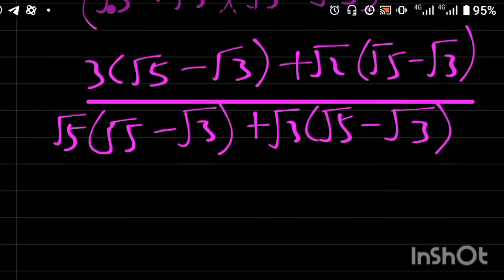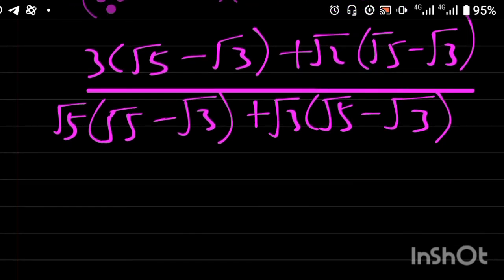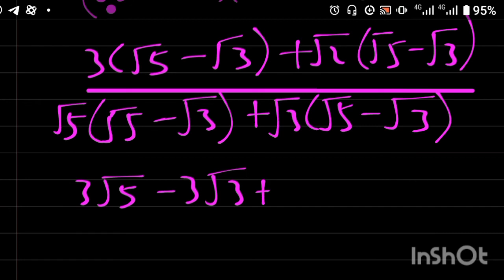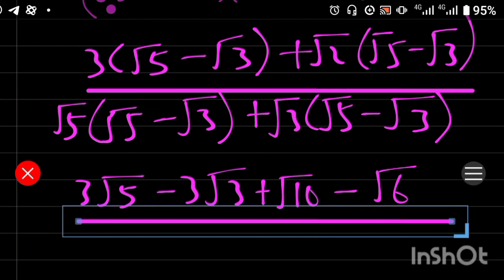So the next thing is just to expand. 3 times root 5, I have 3 root 5 minus 3 root 3 plus root 10, root 5 times root 2, root 10, then minus root 2 times root 3, that is root 6, all over.